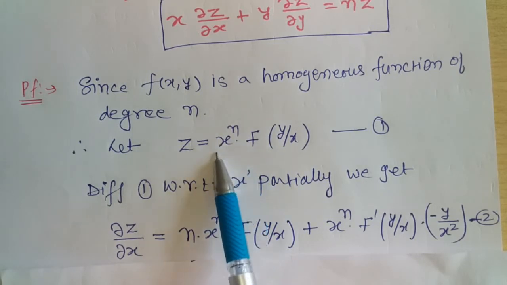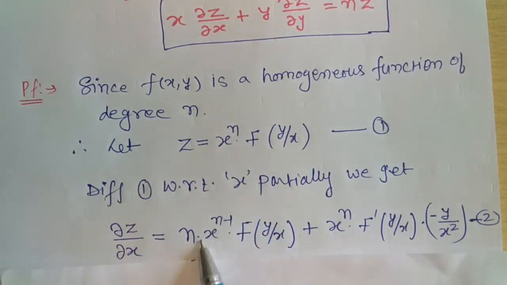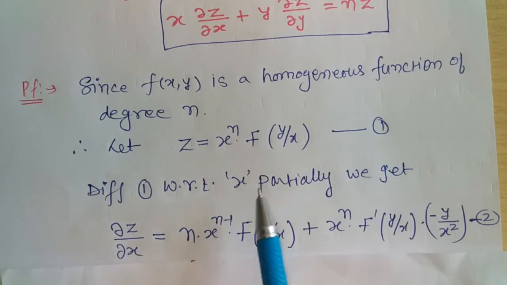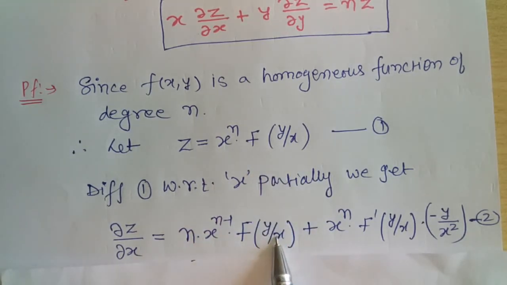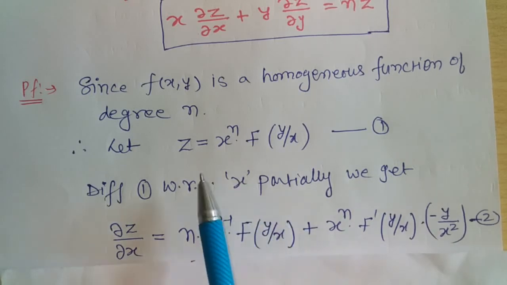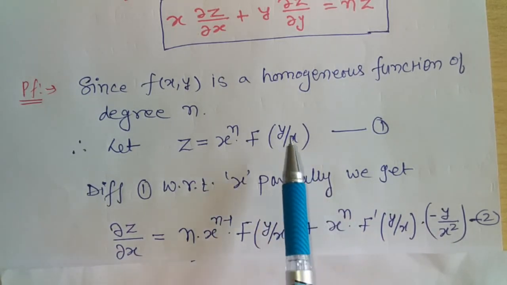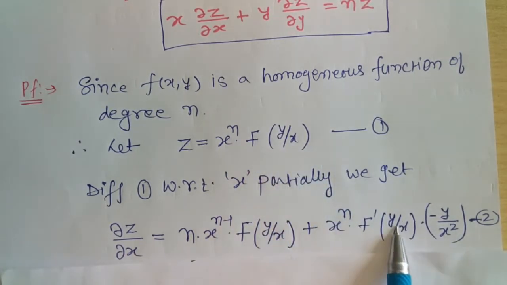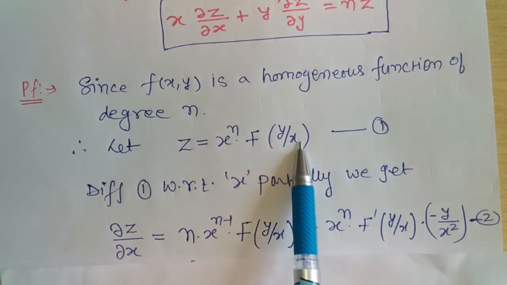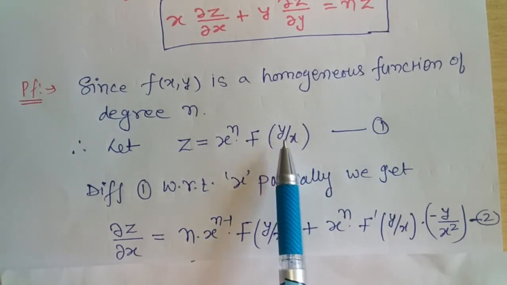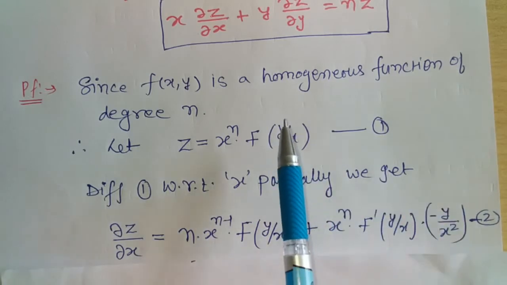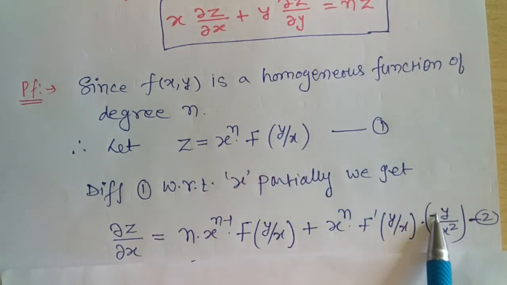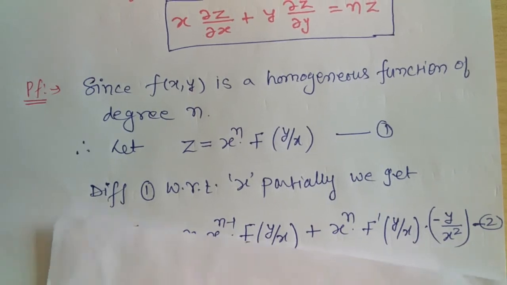So the derivative of x^n with respect to x is n x^(n-1) multiplied by f(y/x), plus x^n multiplied by the derivative of f(y/x), which is f'(y/x) multiplied by the partial derivative of y/x with respect to x. With respect to x, y is constant and the derivative of 1/x is minus 1/x^2. So this is ∂z/∂x, the partial derivative of z with respect to x.